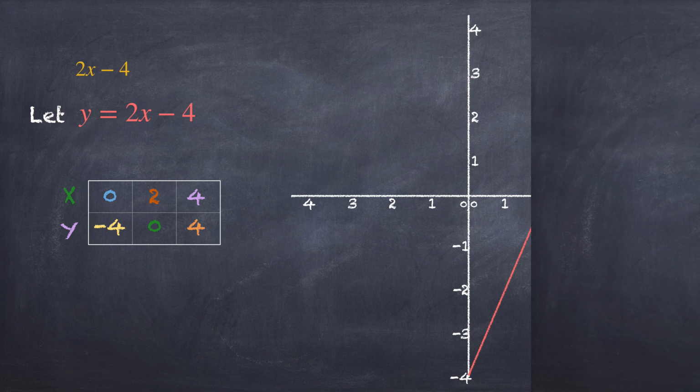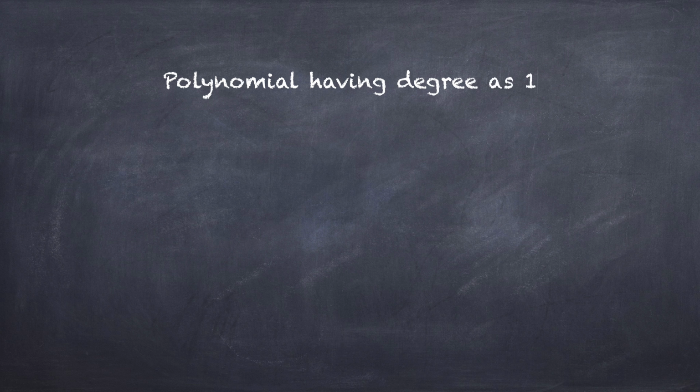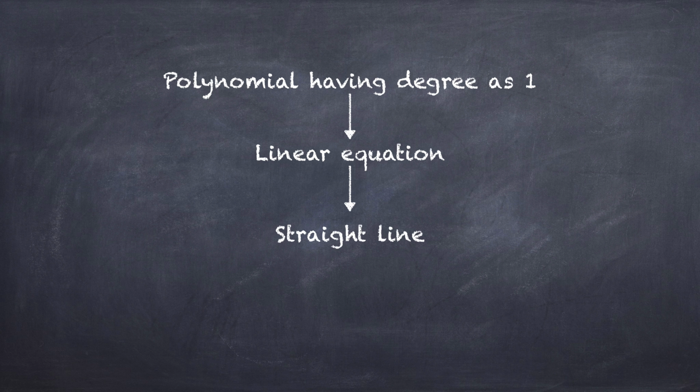Now from here we can judge that polynomials having degree 1, which is considered a linear equation, when solved graphically should give us a straight line.